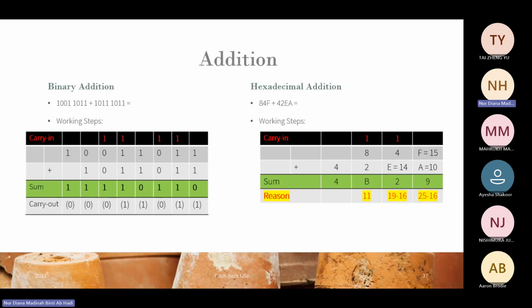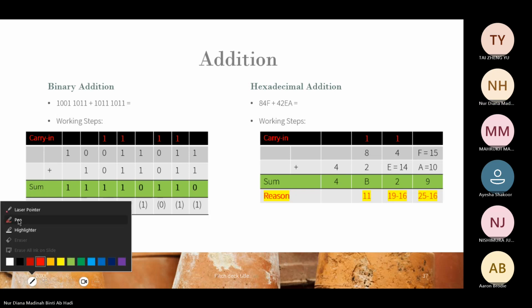So next, this is the binary and hexadecimal additions. As you can see, 1 plus 1, you will get 0, where you will have a carry out here. But this carry out, you will bring into the front as your carry in. Can you see this?